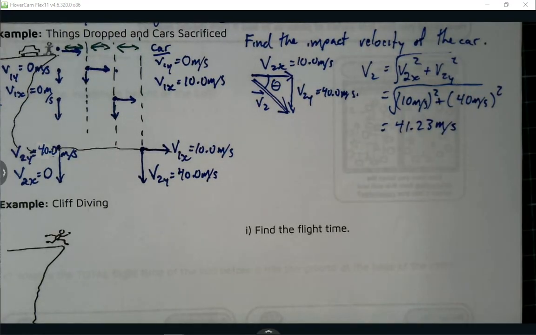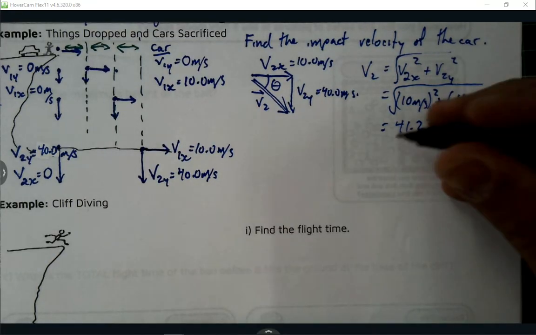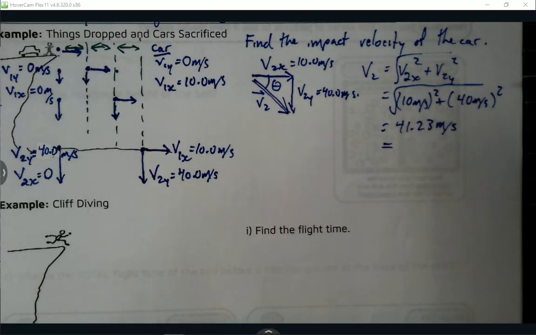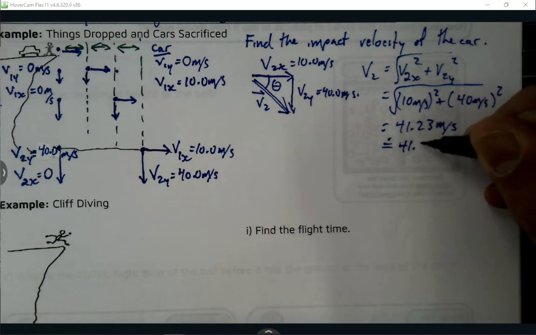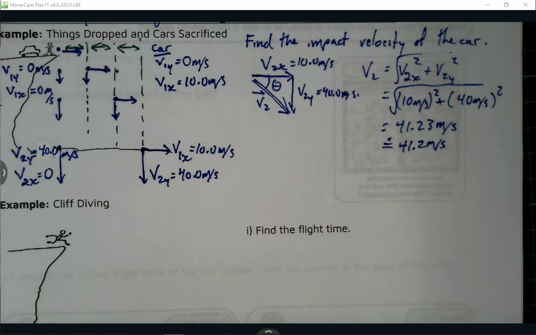And the small inner child that I have that wants to be satisfied with it being 1, 2, 3, 4 or something like that, I'm like, oh, it's 4, 1, 2, 3. But that's still a good answer, okay? Like I'm not fully satisfied, but I feel good. And then in terms of sig figs, I look at the values that I was using here. It was 10.0 and 40.0. So really I should say it's approximately 41.2 meters per second.